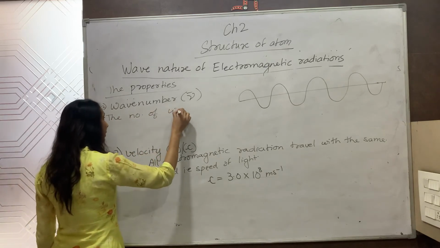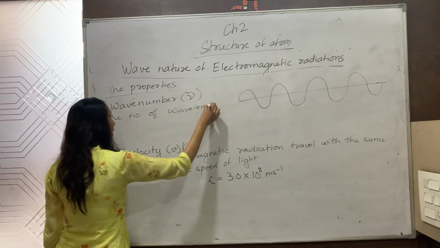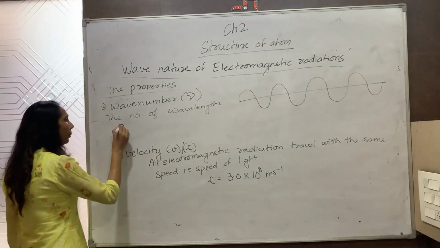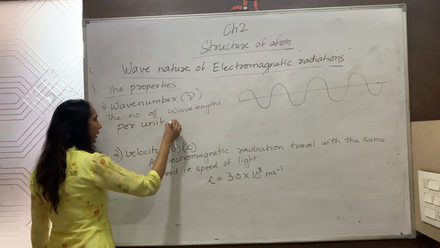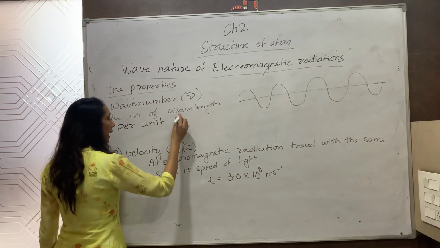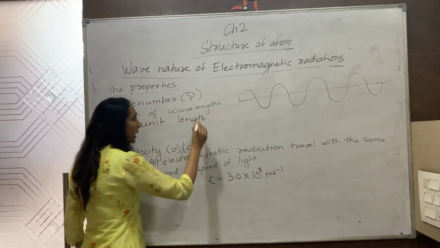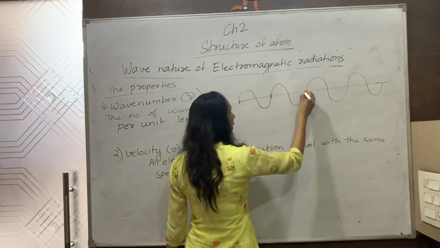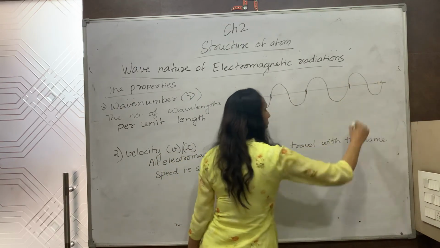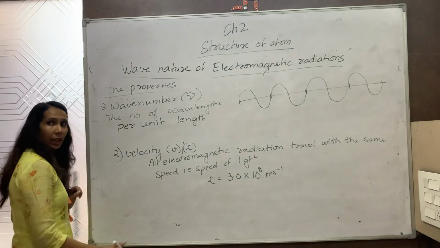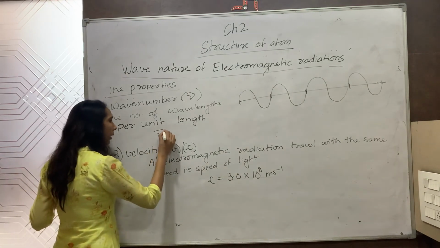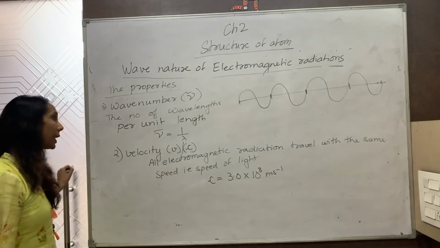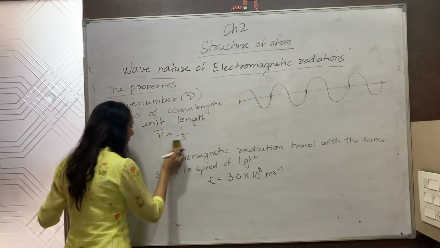The number of wavelengths per unit length is called wave number. That means if I consider this length as 1 meter, the number of wavelengths is 1, 2, 3, 4, so the wave number is 4. In fact, wave number mu bar is equal to 1 upon lambda, the reciprocal of the wavelength.